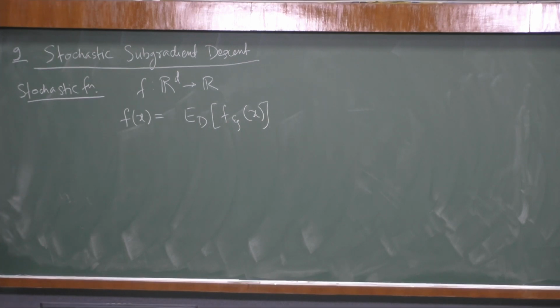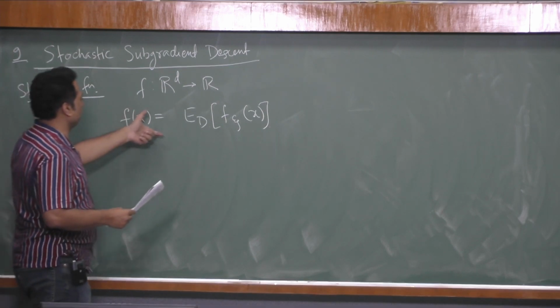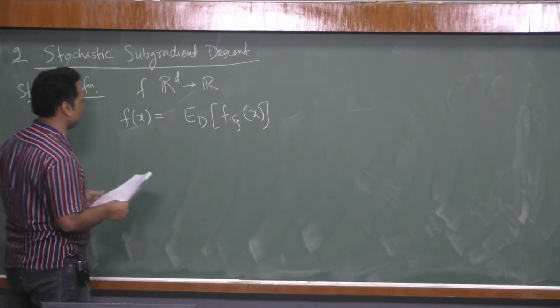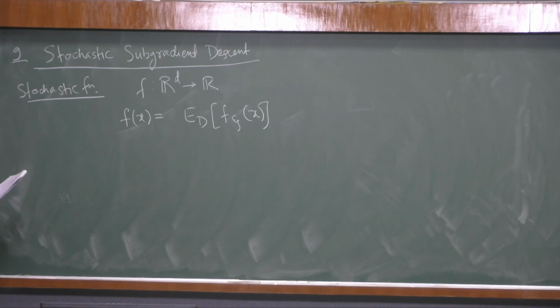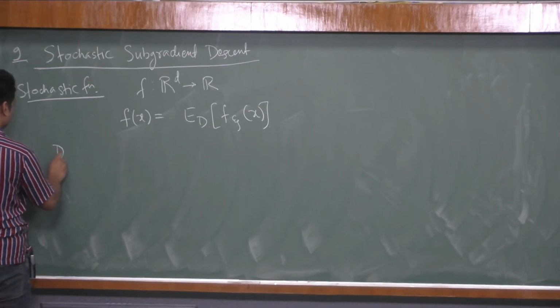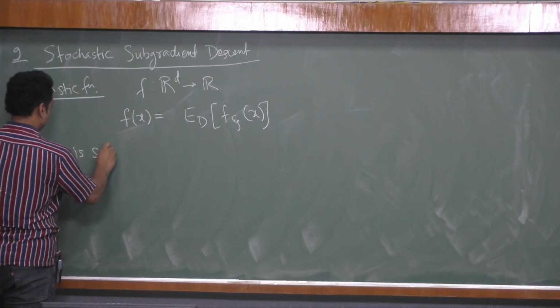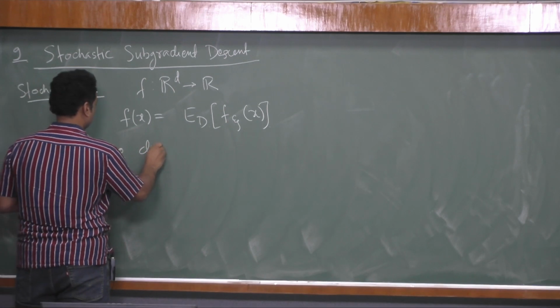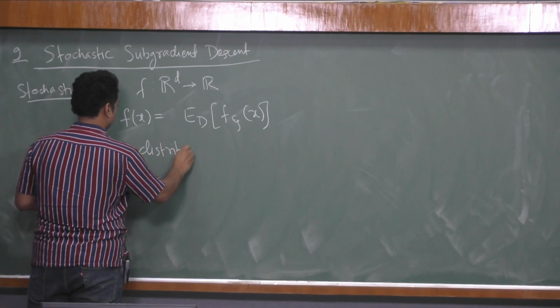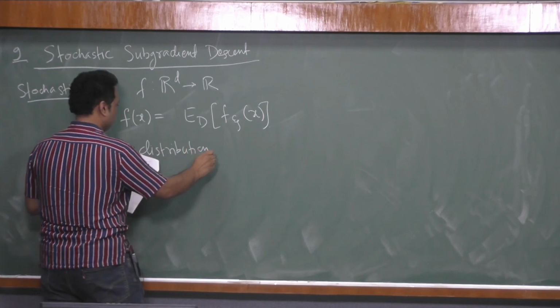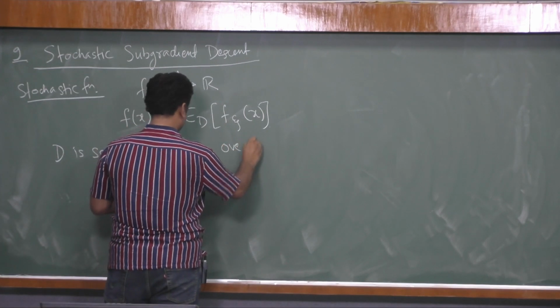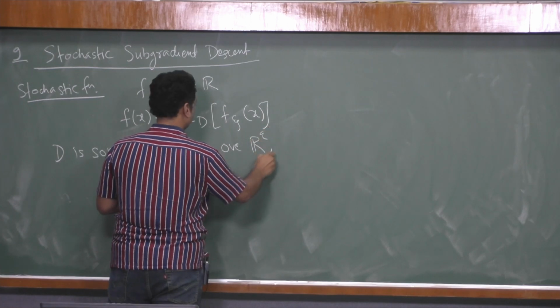So what do we mean by a stochastic function? Basically this function is given as an expectation of some random variable, and here D is some distribution over R^q.